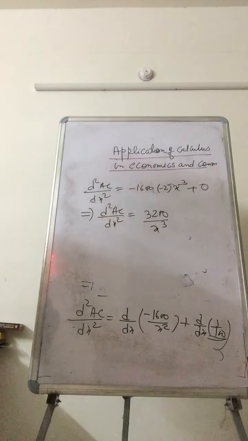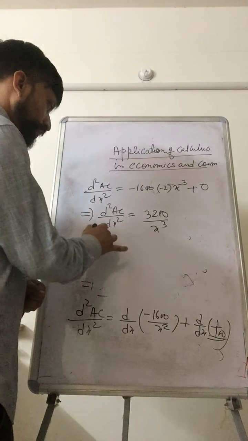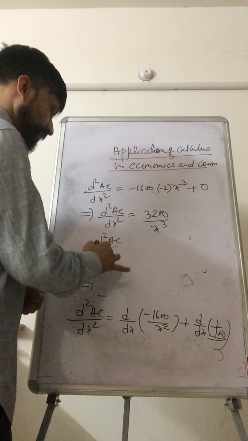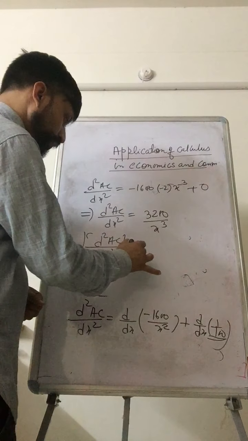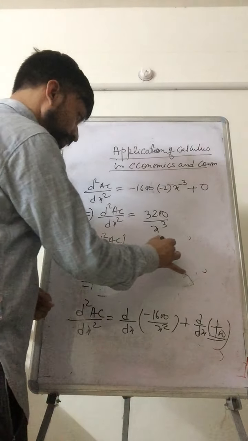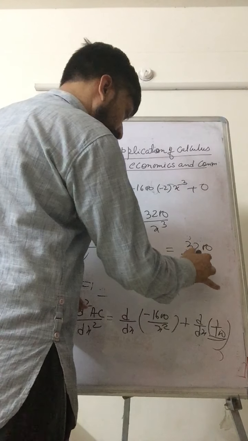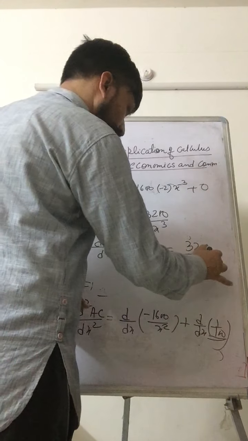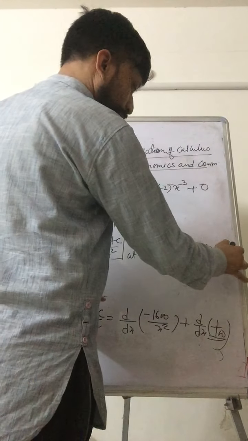Now we had the value of x as 400. So d square AC by dx square at x equal to 400 is 3200 divided by 400 cube, and this value is always greater than 0.